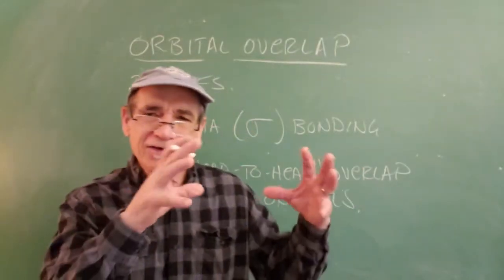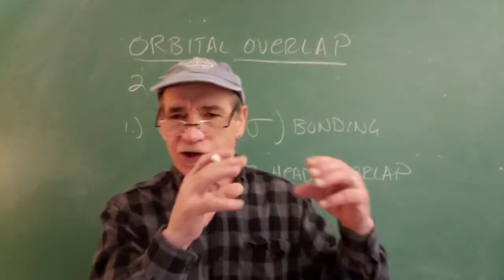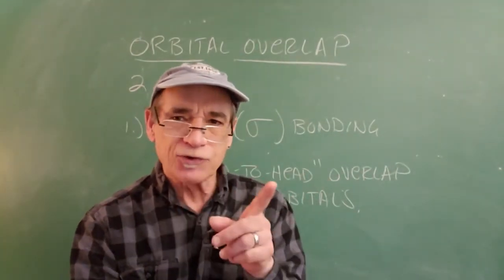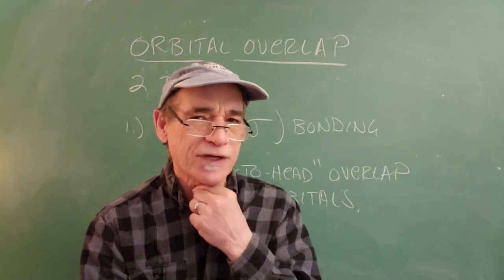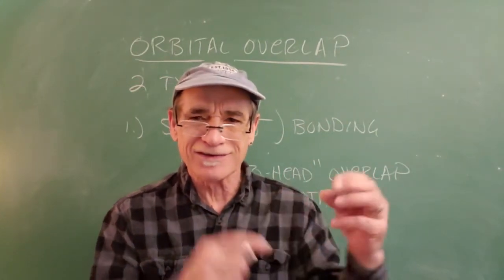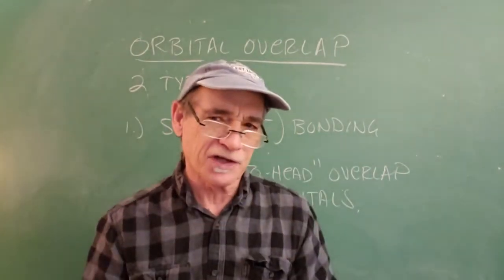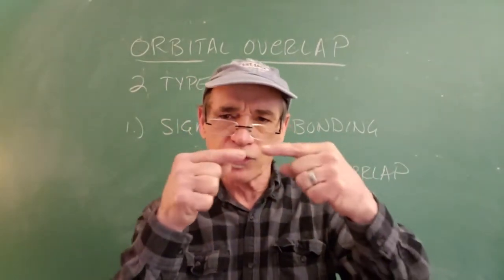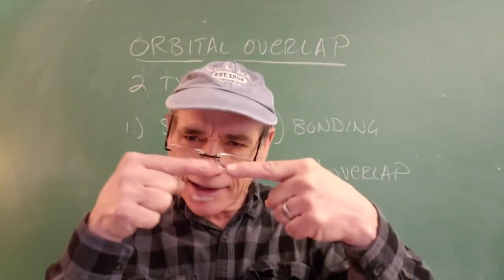All right, so when we begin to look at how orbitals actually overlap physically to create a common space where two atoms could share a pair of electrons between them, we find that there are two spatial orientation ways that the orbitals can overlap. One of them is a head-to-head overlap where the lobes of the orbitals go directly at each other.